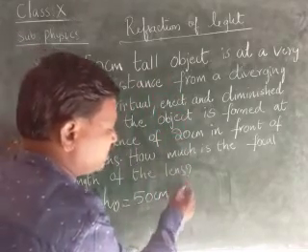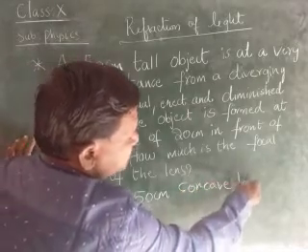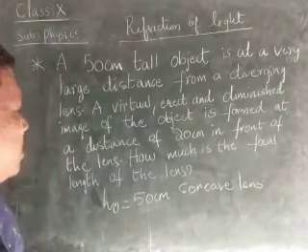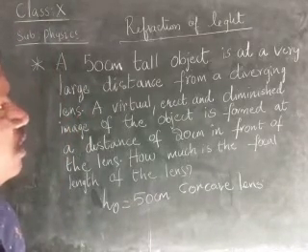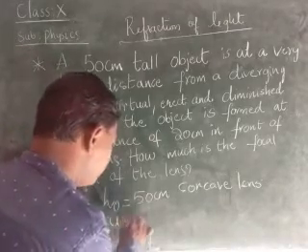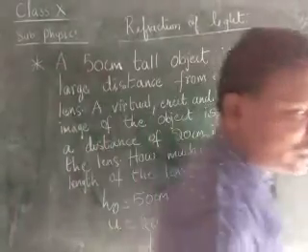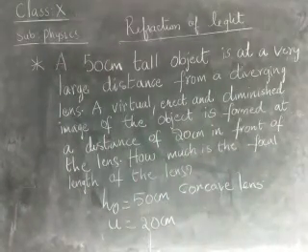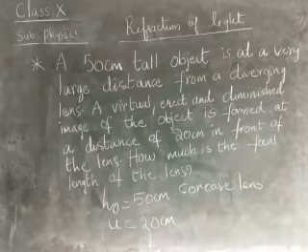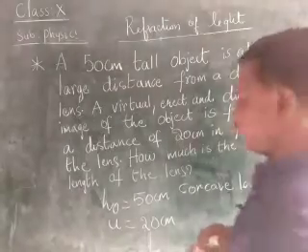Virtual, erect, diminished always means it is a concave lens. Concave lens. Okay. And here, the object is at a distance of 20 centimeter. U is equals to 20 centimeter.